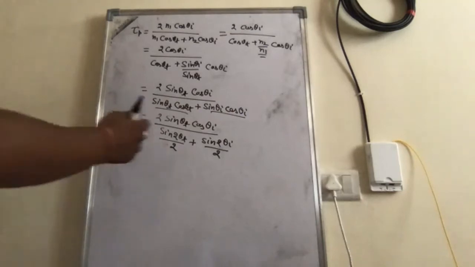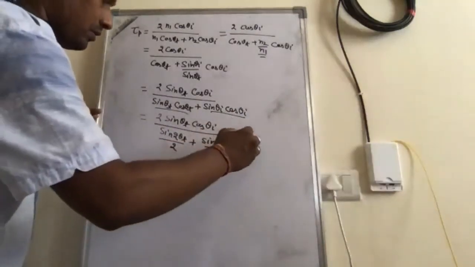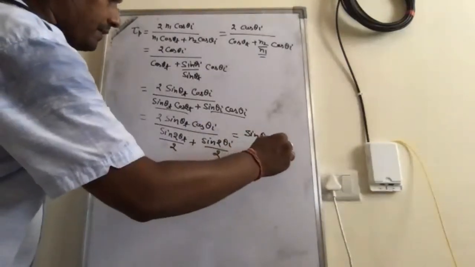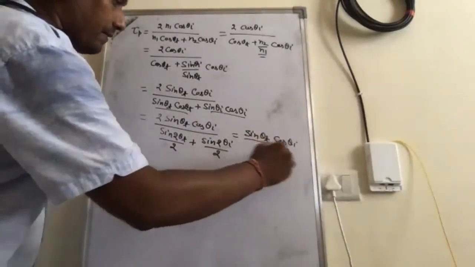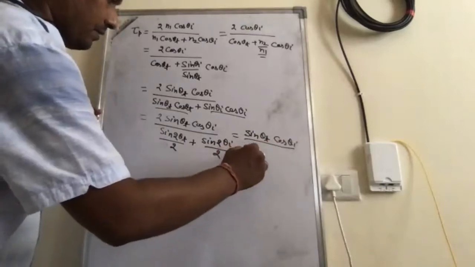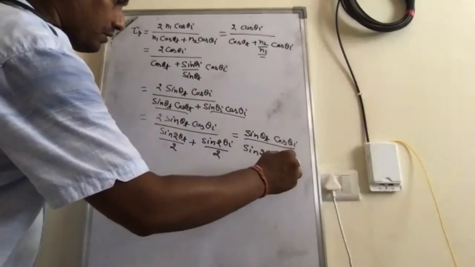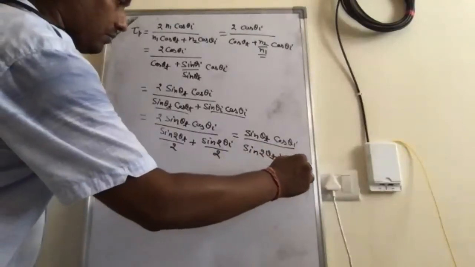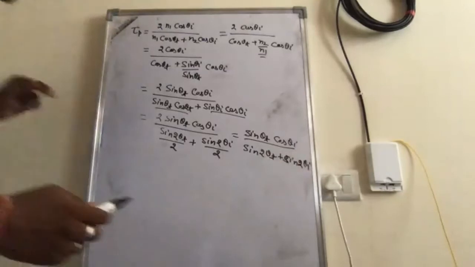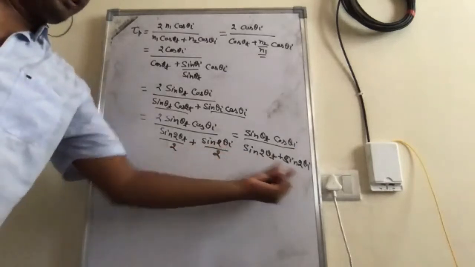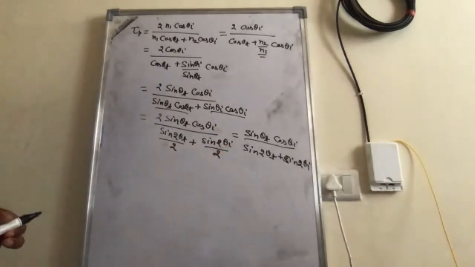And then this can be equal to sin theta t cos theta i divided by sin 2 theta t plus sin 2 theta i. And then we can apply the sin c plus sin d trigonometric identity here.